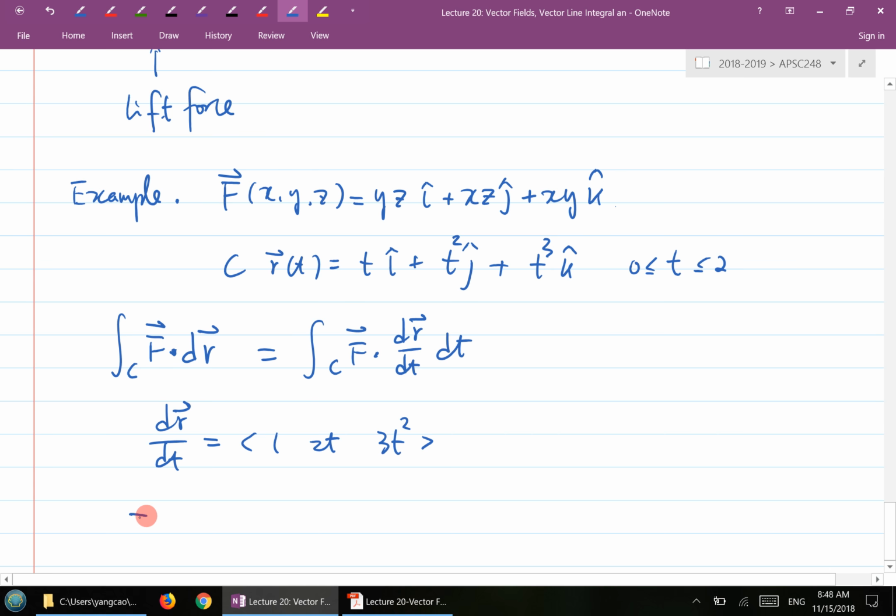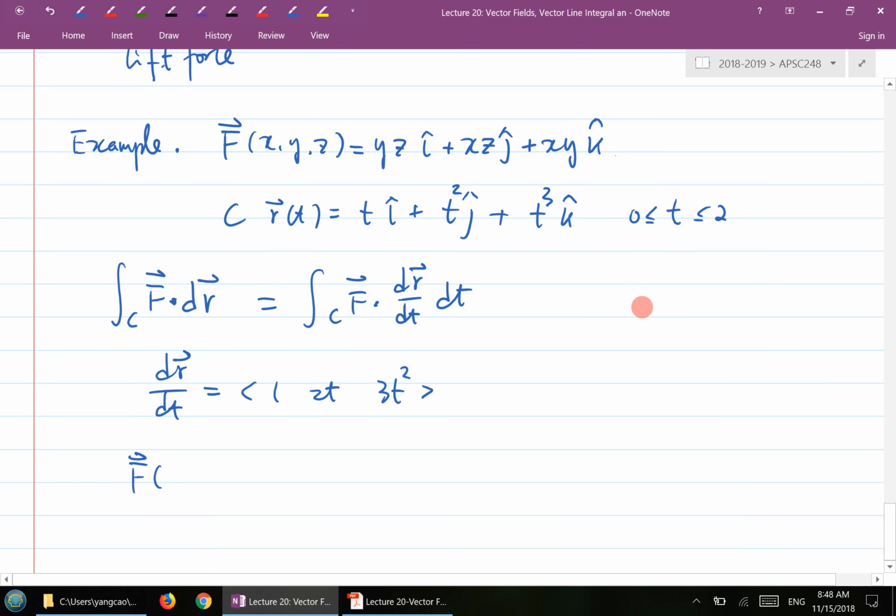The F function is a vector function of x, y, z. So what do we do with the x, y, z? It's a very similar idea. This is why I want you to look at your midterm, the second question, the scalar line integral. You need to replace your x, y, z with the parametric equations, the coordinates on the curve C: x of t, y of t, and z of t.